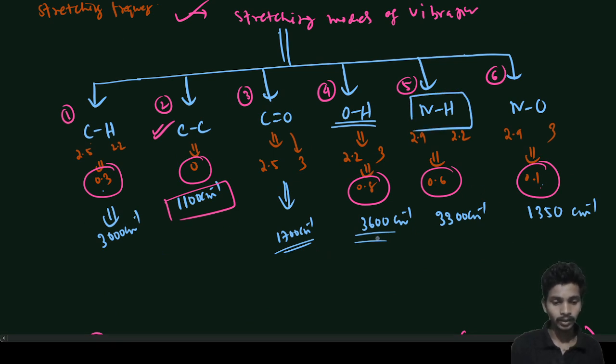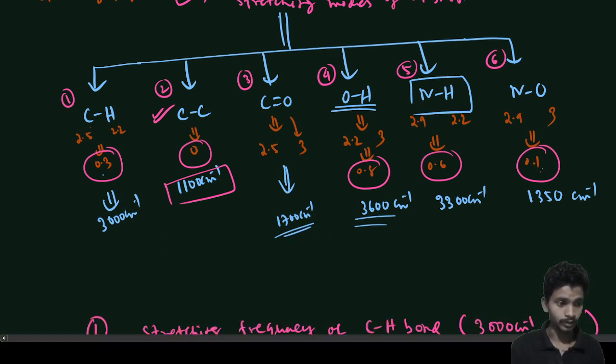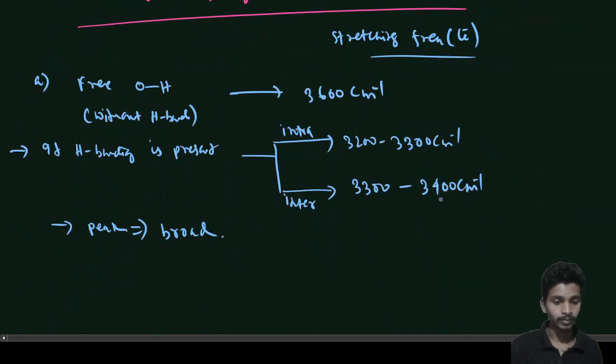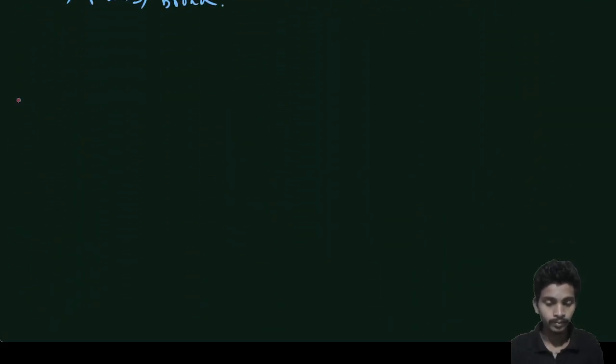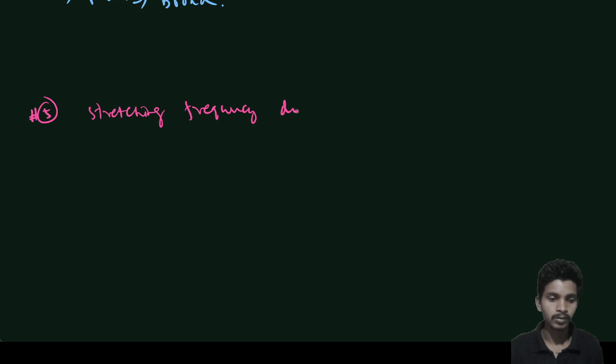Now the next type we will discuss is the NH stretching frequency, and its value is nearly equal to the OH stretching frequency. So now we will discuss the fifth type, the stretching frequency due to the NH bond.